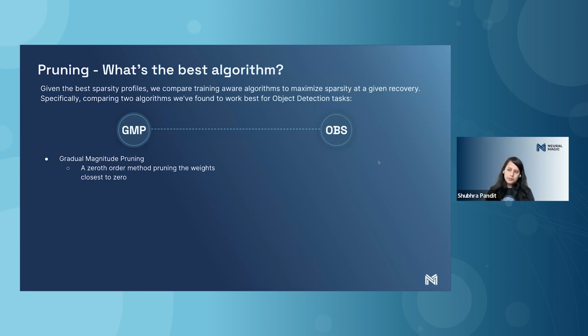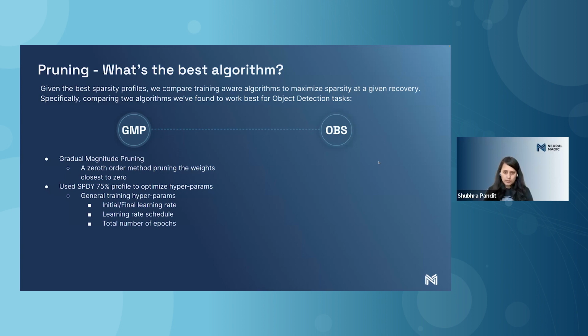So using the speedy sparsity profile that we generated in the previous step, we looked at optimizing hyperparams for the GMP method, and we ran several experiments, and we targeted some of the general hyperparams like initial and final learning rate, the learning rate schedule, linear or cosine, which worked better, and even the total number of epochs.